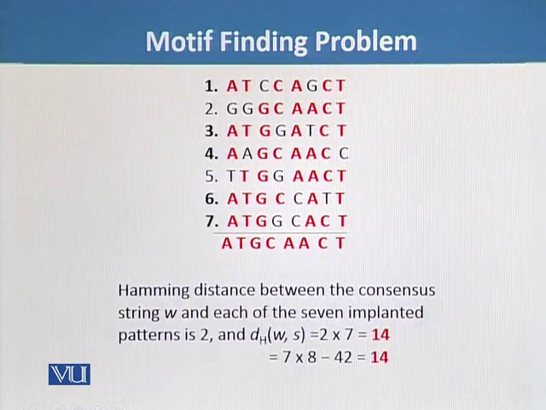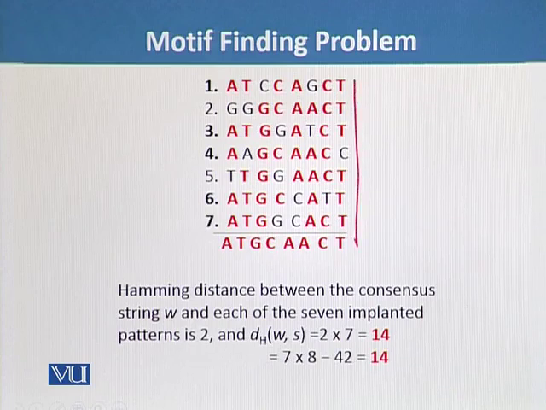So from this figure we can calculate both the motif finding problem and the median string problem. We have already said that the median string problem is a minimization problem and the motif finding problem is a maximization problem. Here we can see the profile, and the Hamming distance between the consensus string W and each of these 7 implanted patterns is 2.